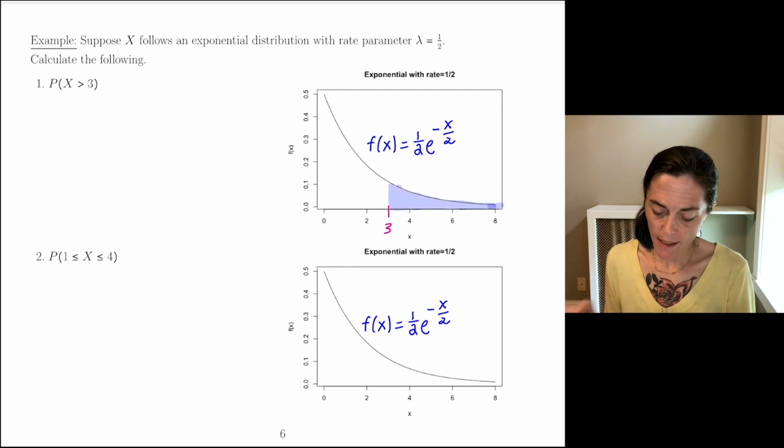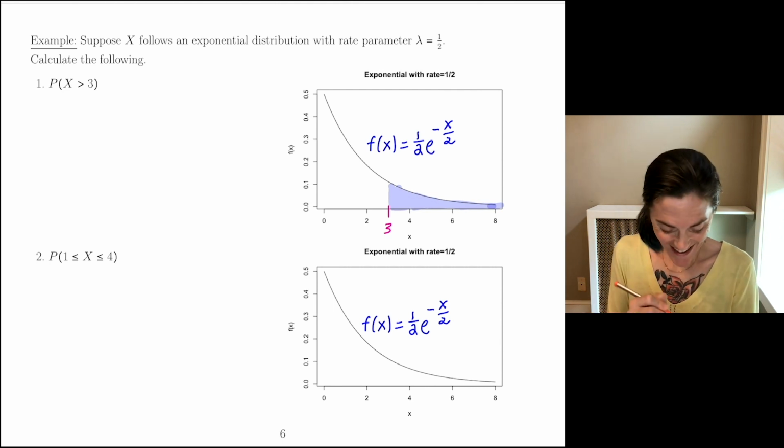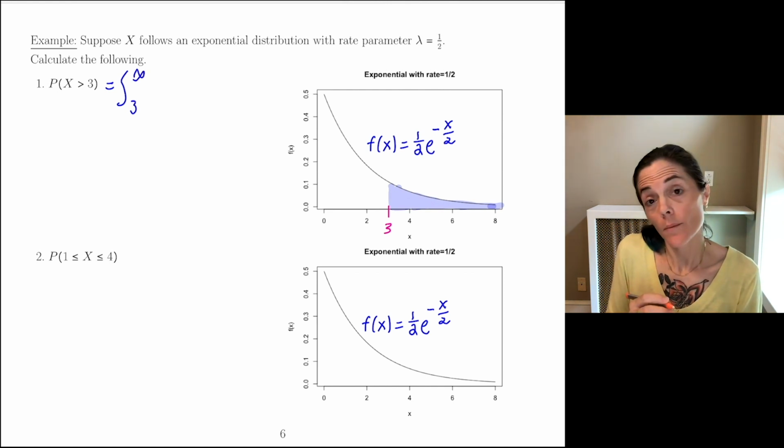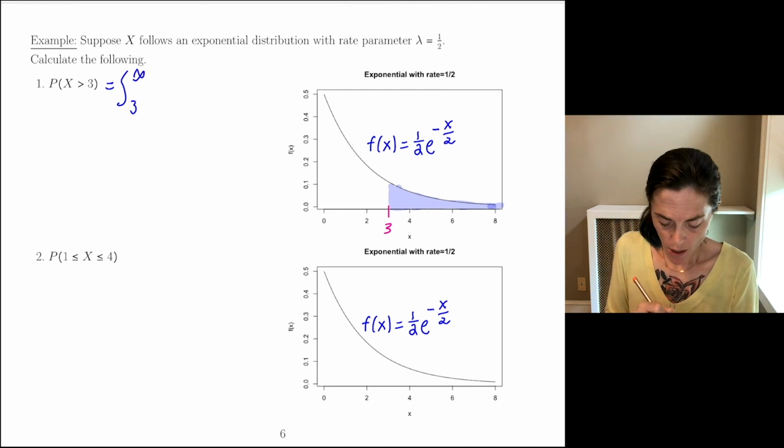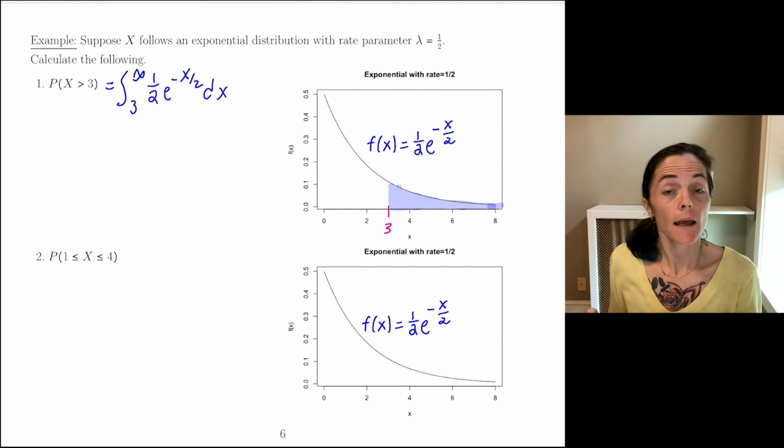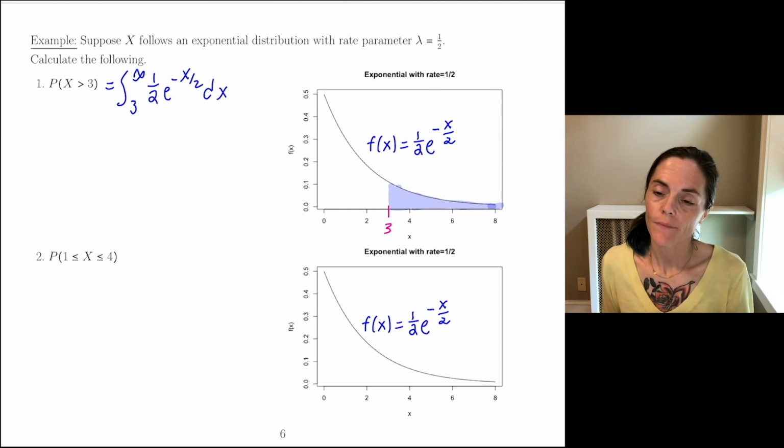So how can we calculate this? Well, one way would be you could integrate from 3 to infinity of the probability density function. This would be 1/2 e to the minus x over 2 dx. This is an improper integral.